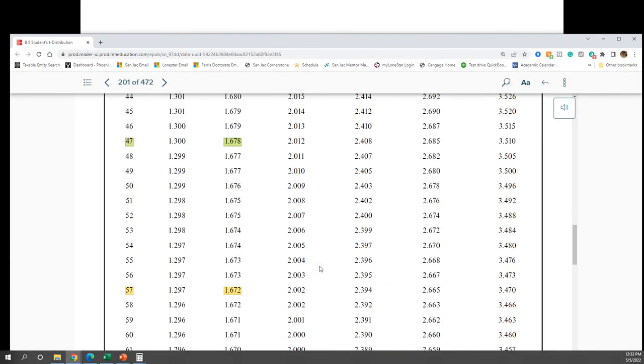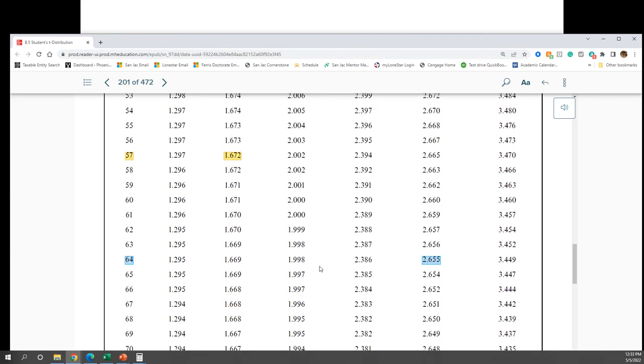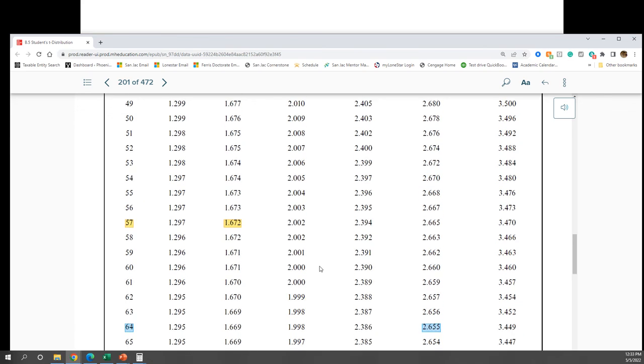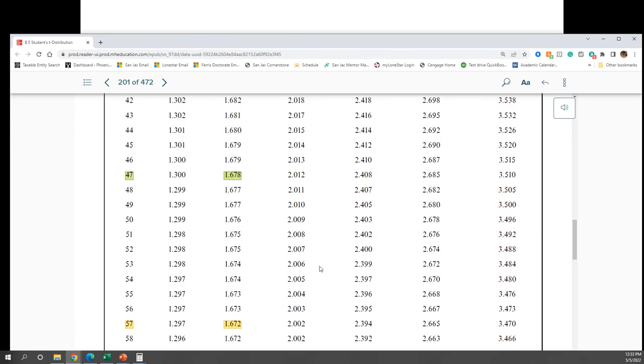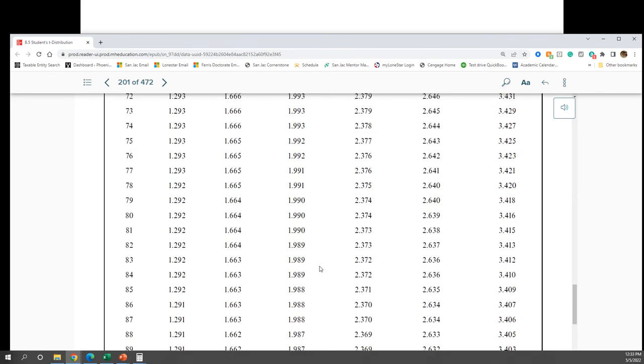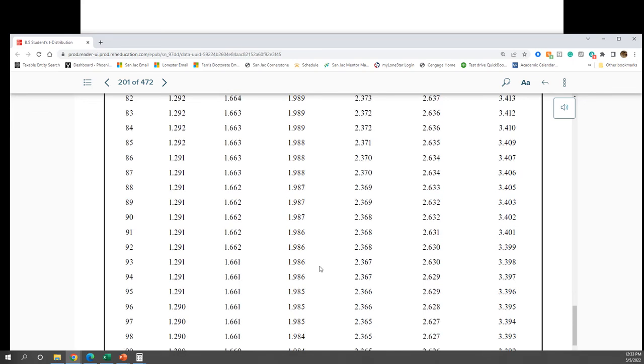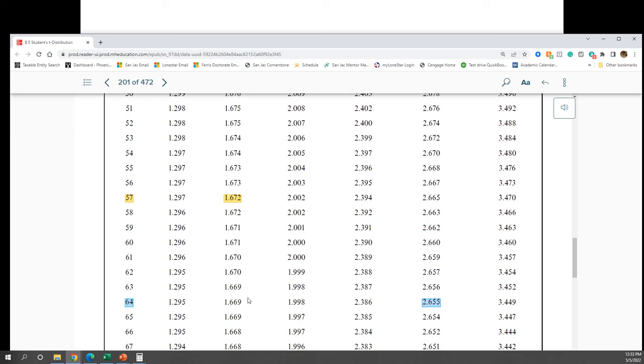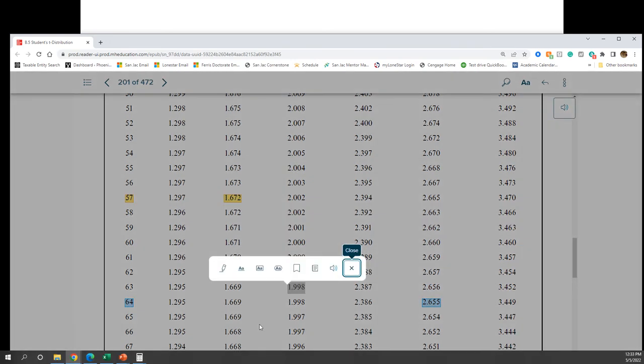Okay, next we go find our number. Should be 63. We have two variables.